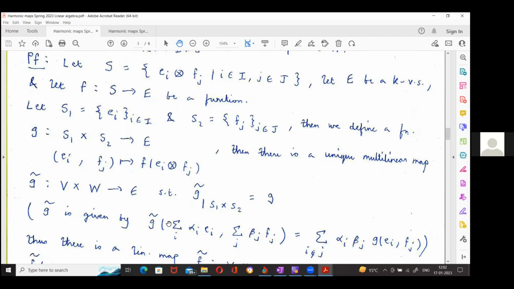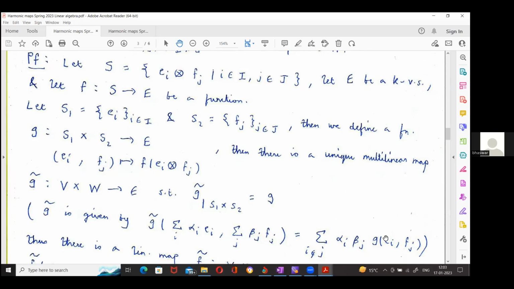If G tilde was multilinear, then by multilinearity, these are finite sums, so this would just become a sum over I, j, alpha I beta j, and then G of EI Fj. If G tilde of EI comma Fj is equal to G, then this would become summation alpha I beta j, G of EI Fj. So I can use this right-hand side as a definition of G tilde. Is that clear?